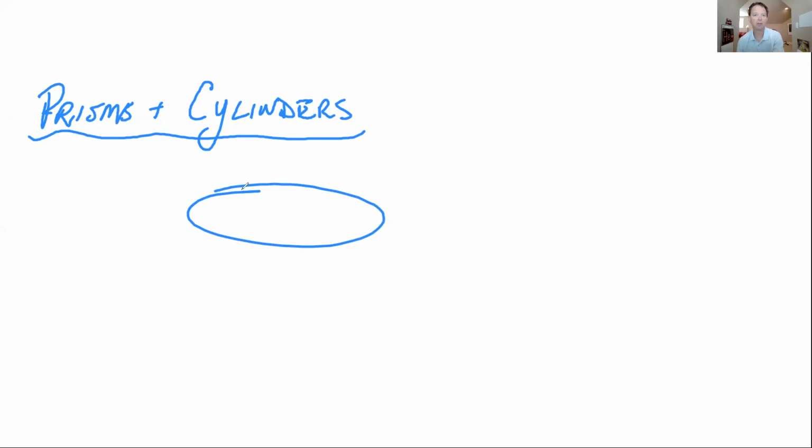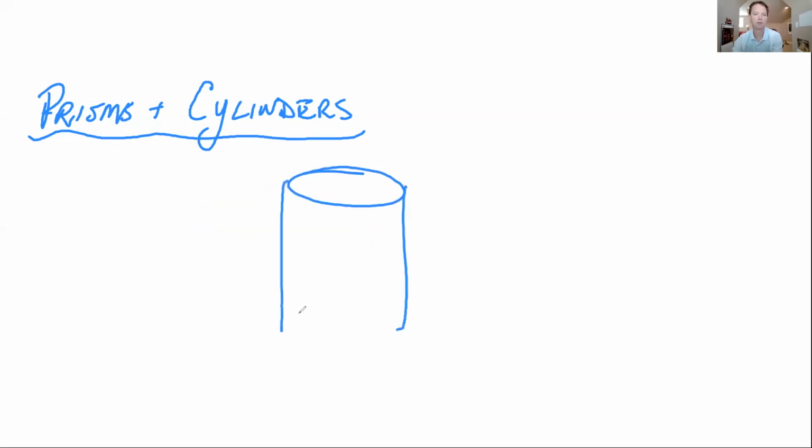Instead of looking like that, it looks something like this, like that. And what we have is all of these little mini circles of cranberry stacked up in there.